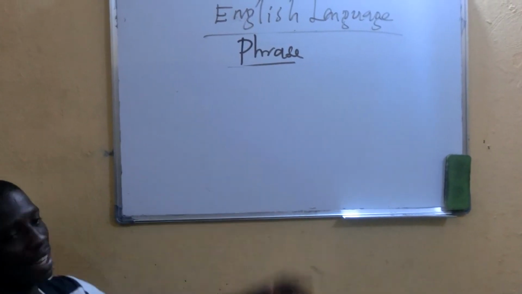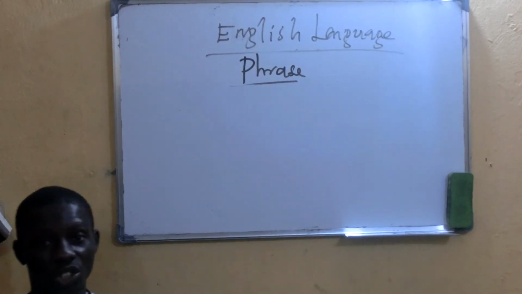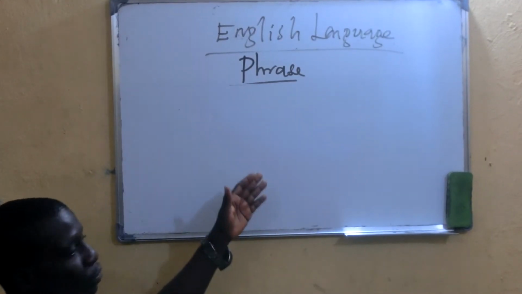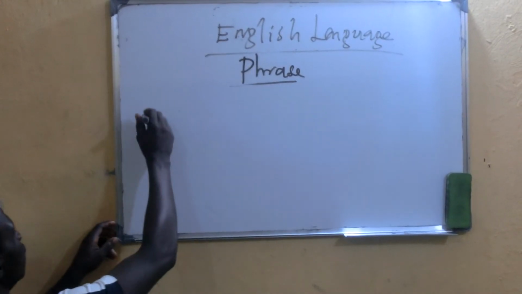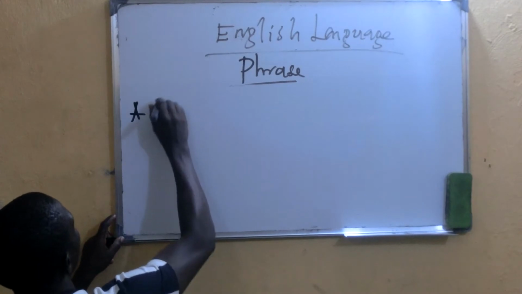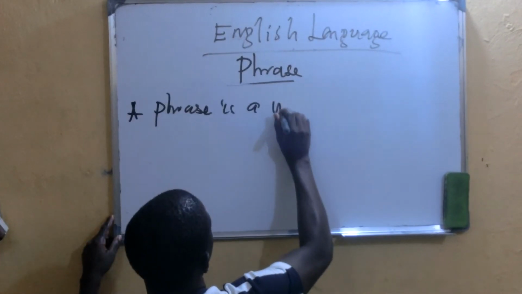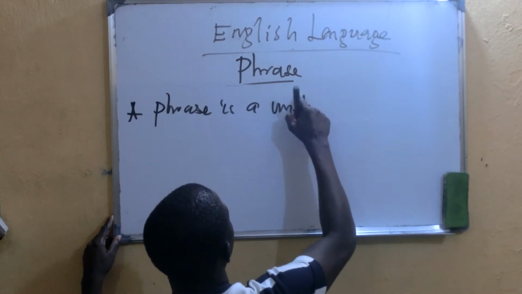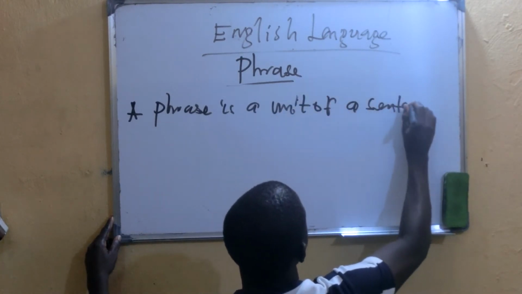This one we'll be looking at a simple and interesting topic titled phrase or phraseology. And when we talk about phrase, as we all know, a phrase is a unit of a sentence.